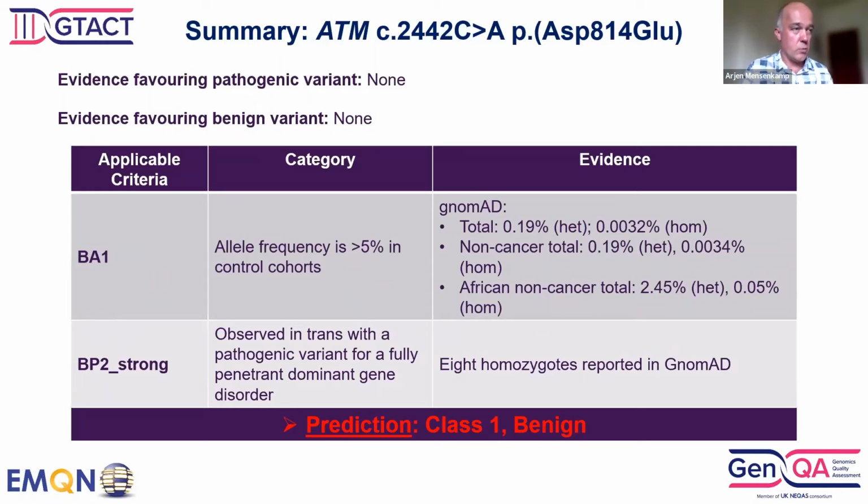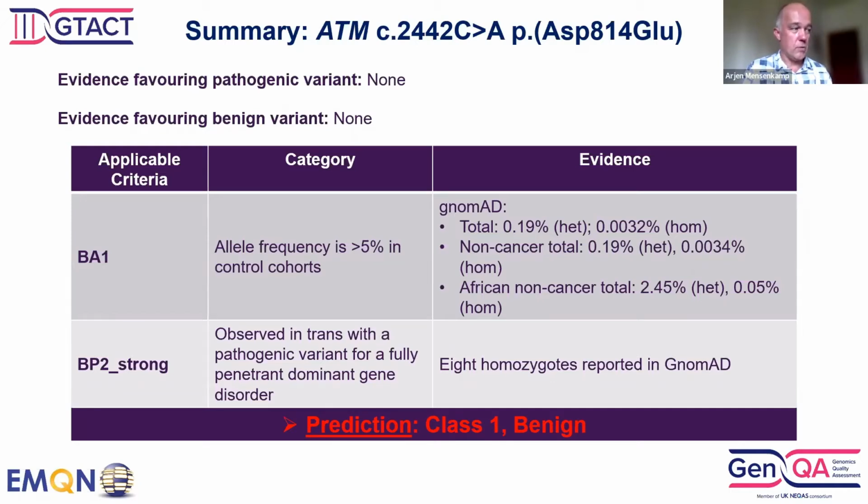For a dominant disease, in which we view this variant here, we have 0.19% in gnomAD in total, but in the African American non-cancer cohort it is almost 2.5% heterozygosity, which is far over the limit of 0.5% as given for ATM. I will come back to that later. BA1 is a standalone criterion already, so that will make it enough to make it class 1.